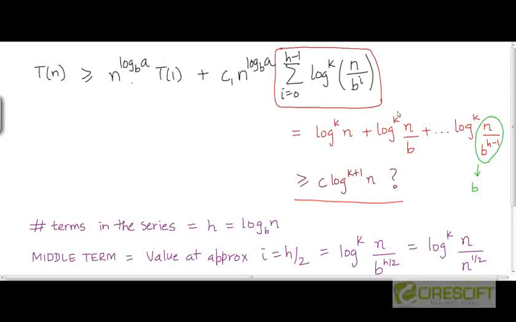That's for I equal to 1. And so on. The third term will be log to the power k of n by b square. And the very last term will be log to the power k of n divided by b to the power h minus 1. The last term can be obtained by substituting I equal to h minus 1 here.